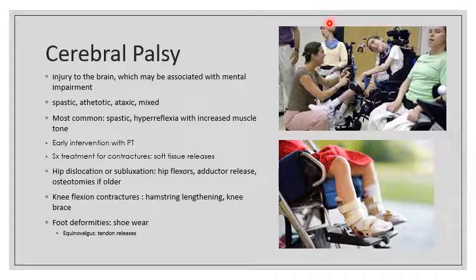Athetoid usually is characterized by constant succession of slow, involuntary movements, while ataxic is characterized by inability to coordinate muscle movements, resulting in unbalanced and wide-based gait. And there's also a mixed type. There's also anatomic classification as quadriplegic, involving total body involvement and non-ambulatory, diplegic, mostly the legs, and hemiplegic, usually one side of the body.